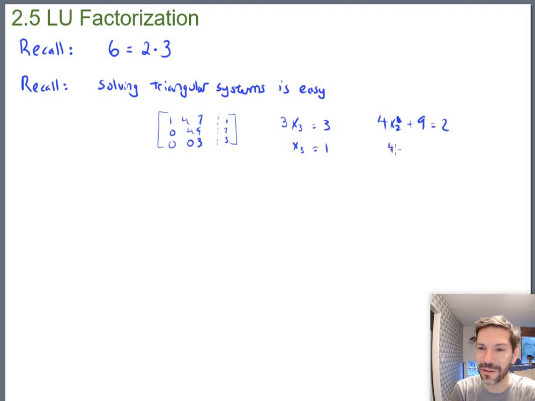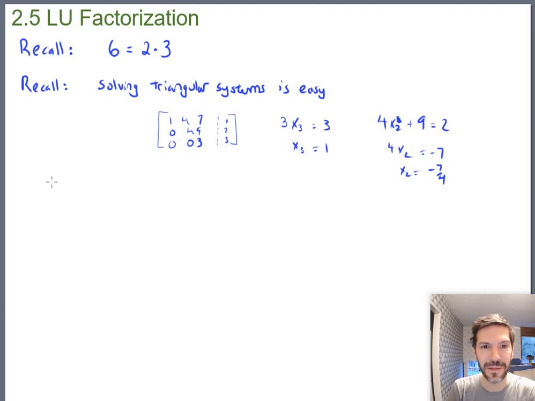Subtract the 9, so you get 4x2 is negative 7, and x2 is negative 7 fourths. And I didn't make this example up very well because now I have an ugly fraction, but you could go back to the top row and substitute x3 and x2 and get x1 very easily. So triangular, easy to do by hand. I basically did it right here. Non-triangular, you have to do full row reduction probably.